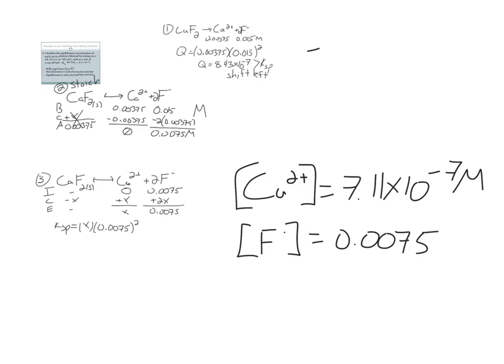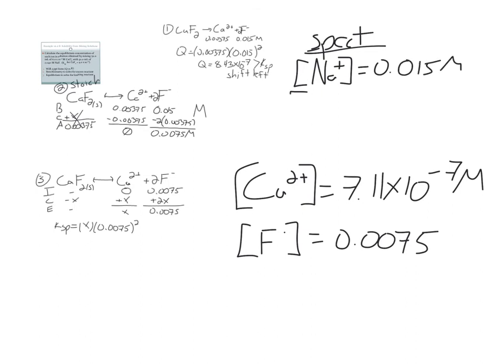Those are spectators. We would do those in chapter 4. Let's throw those up there. The sodium did not change. It was equal to the fluoride, 0.015 molar. The chloride was coming from calcium chloride, so it would be actually double the diluted molarity.